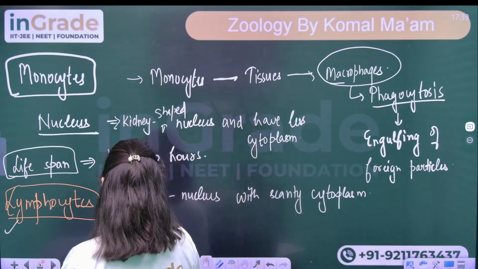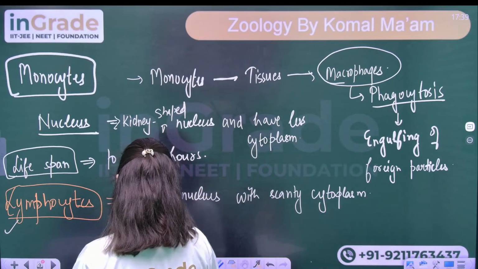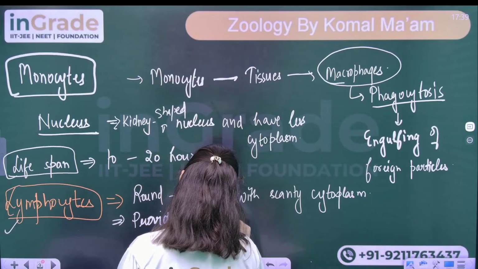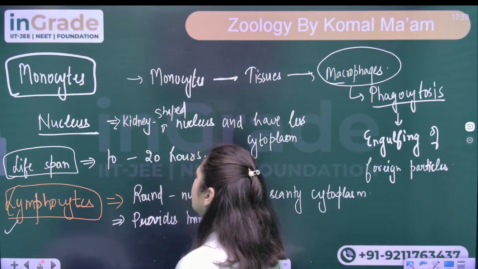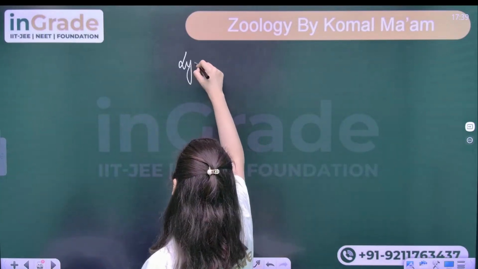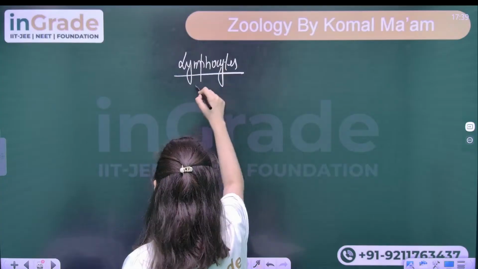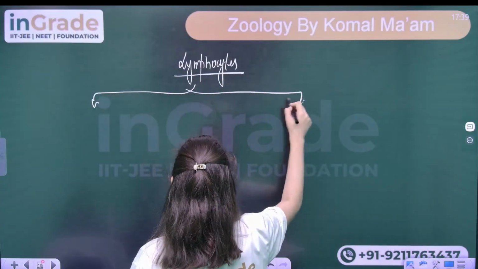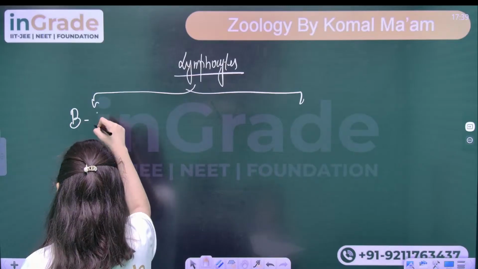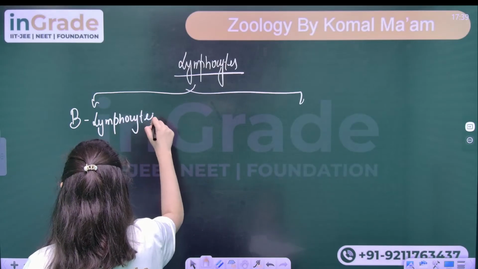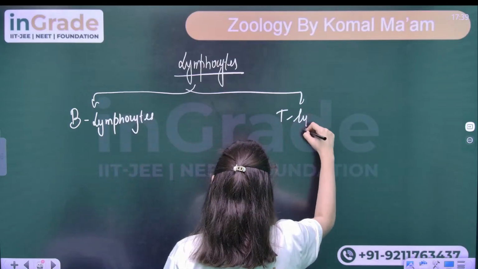They provide immunity. And we have two types of lymphocytes. One is B lymphocyte and second is T lymphocyte.